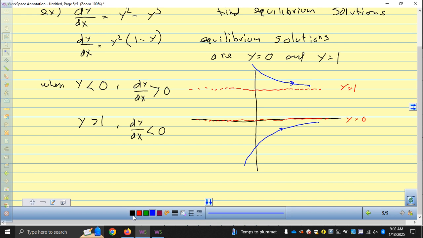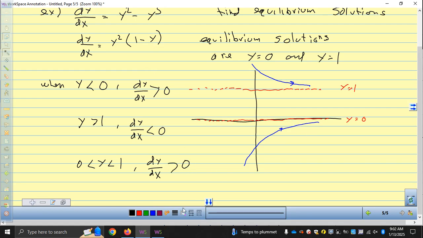And then in between, if 0 is less than y less than 1, if we plug in a number between 0 and 1, this is always going to be positive, and this will be positive.